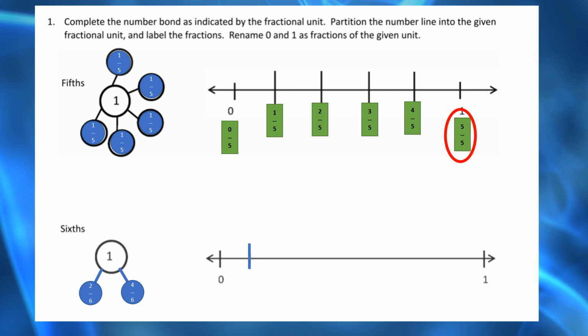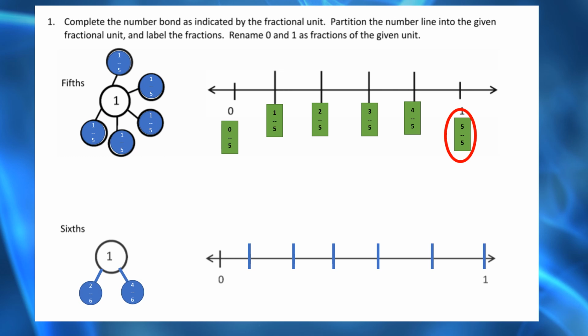So 1, 2, 3, 4, 5, 6. All right, now we have our 6 lines, and it's partitioned into 6.